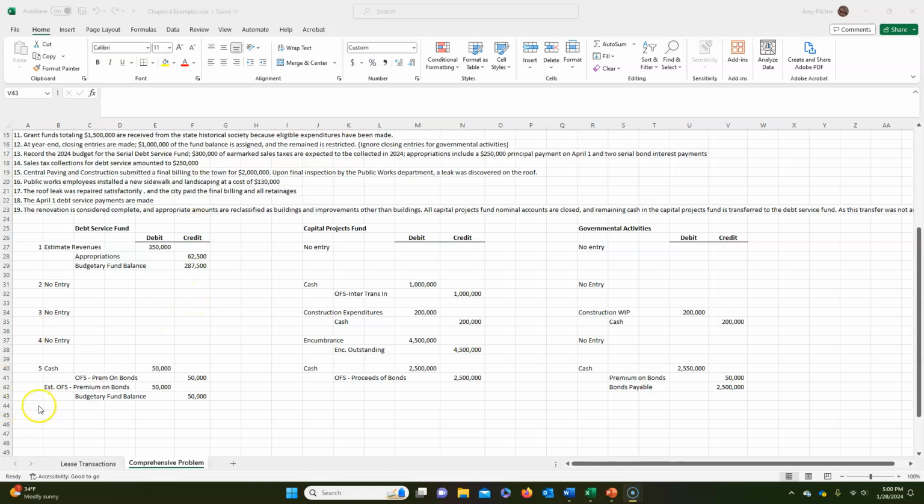So we have transaction 6, we have no entry in the debt service fund. In the Capital Projects Fund, we paid cash for construction expenditures.